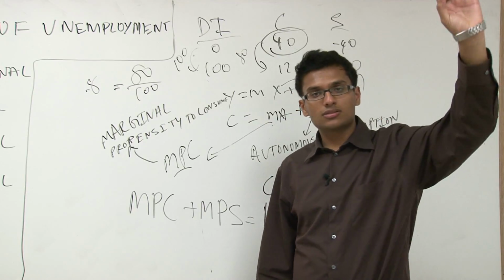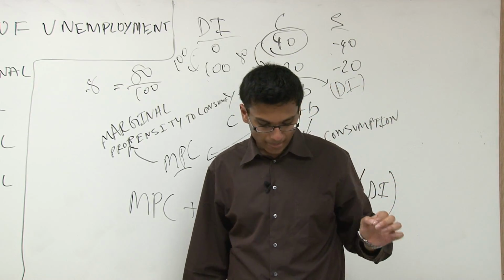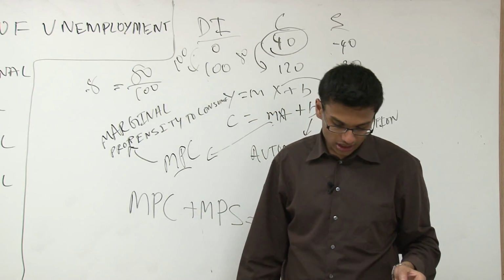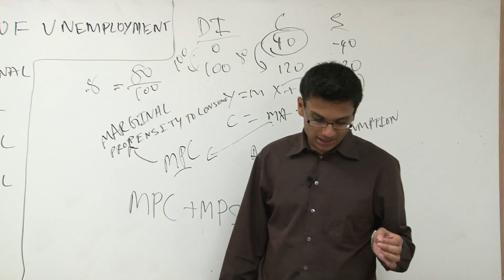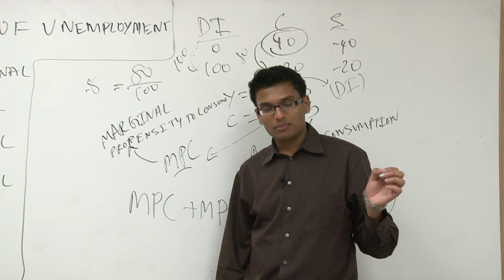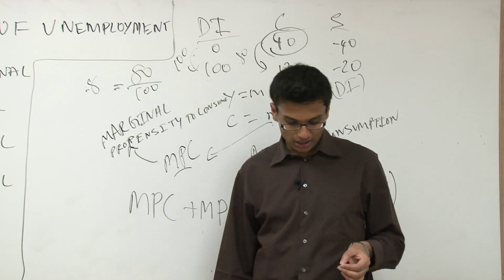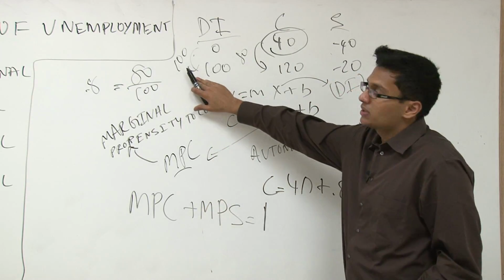So the marginal propensity to consume, again, is a change in consumption caused by a change in disposable income. Similarly, MPS, marginal propensity to save, is the change in savings caused by a change in disposable income. So my disposable income changed by 100.